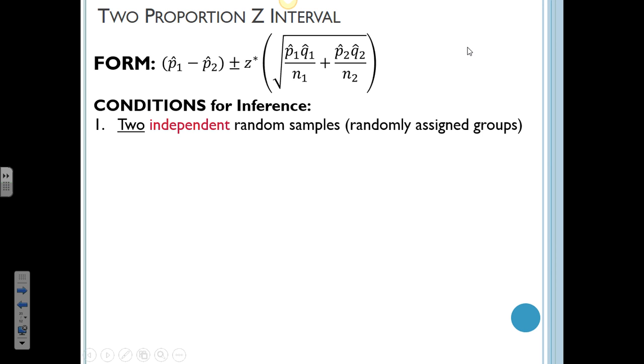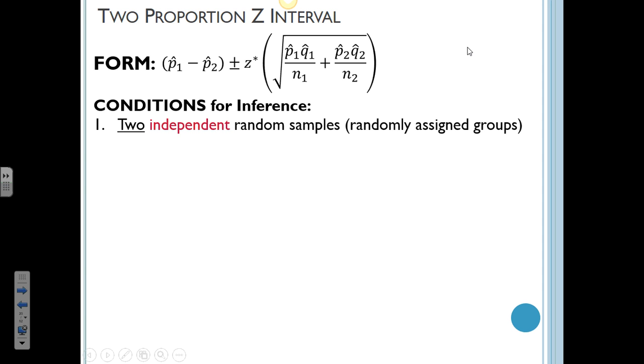Conditions for inference. This is where 2 samples differ from 1 sample. One of the major differences is that there are 2 samples versus 1 sample. That's why we call it two-proportion z-interval, because those 2 proportions come from 2 random independent samples, or 2 randomly assigned independent groups.